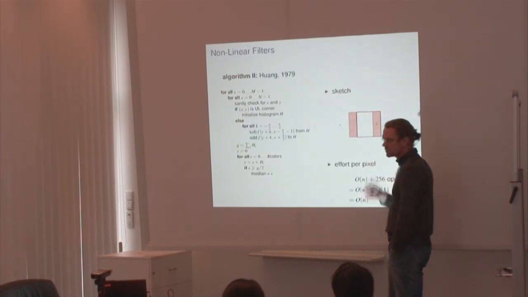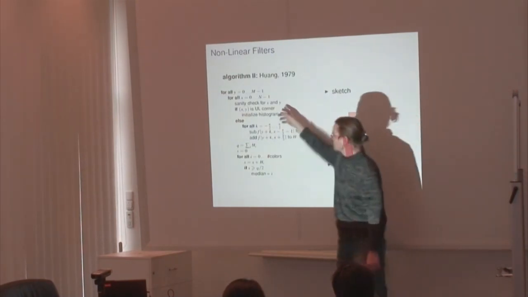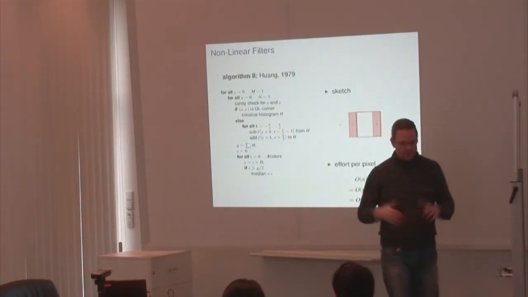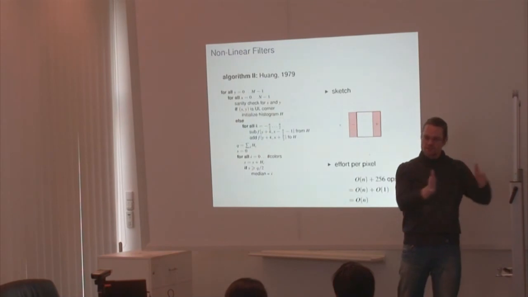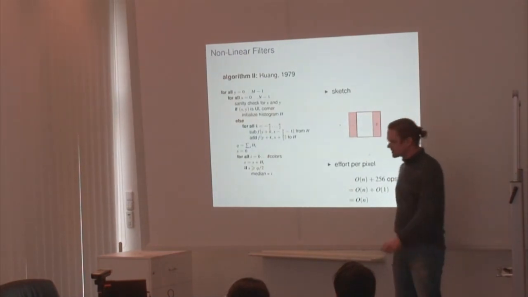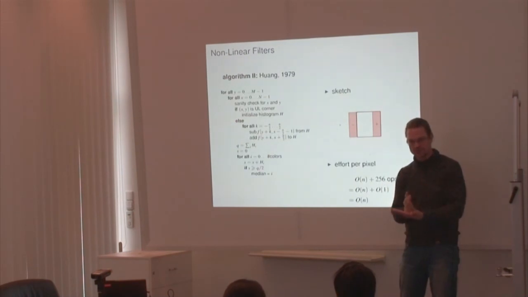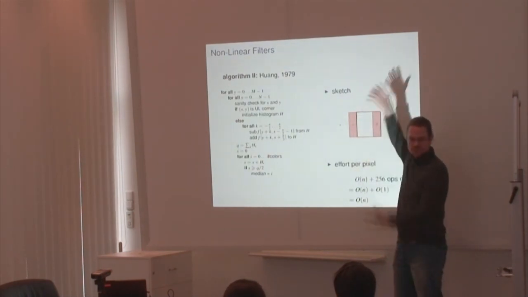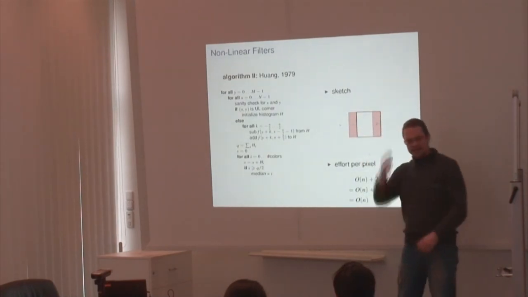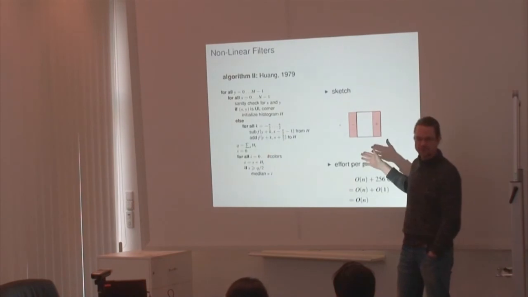Right? So at the very first time we can actually compute something, we really compute a histogram. Then we begin moving this mask, but instead of computing a full histogram at every pixel, we just remove, in our case 3, but depending on the size, n values from the histogram, and add n values to the histogram.